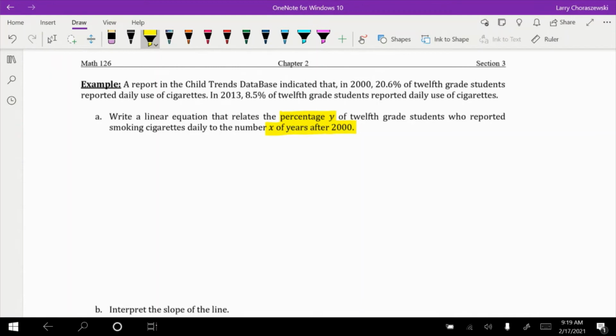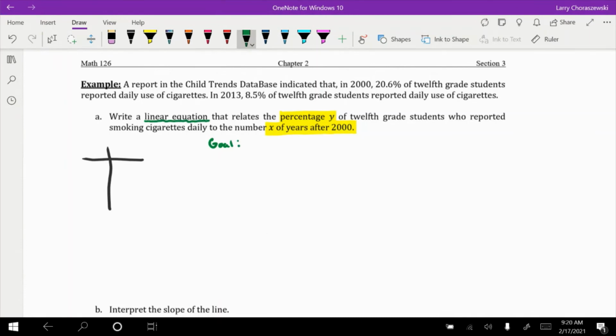So to start this out, let's construct a table, much like we did in the last problem. They don't want us to use replacement variables for x and y. But they do want a linear equation.